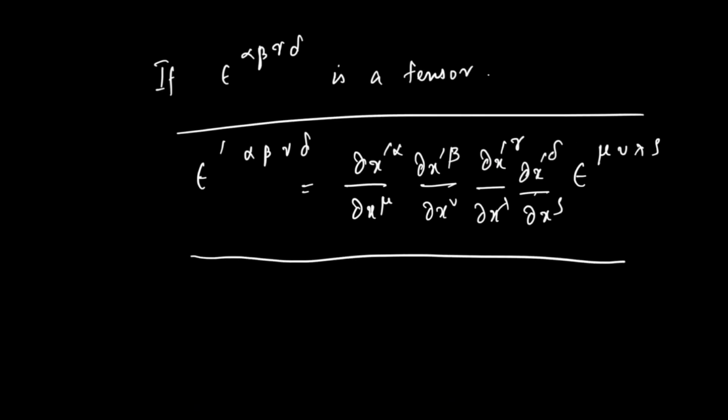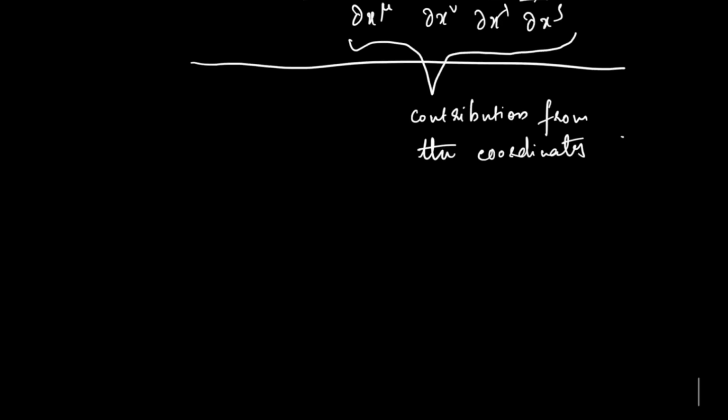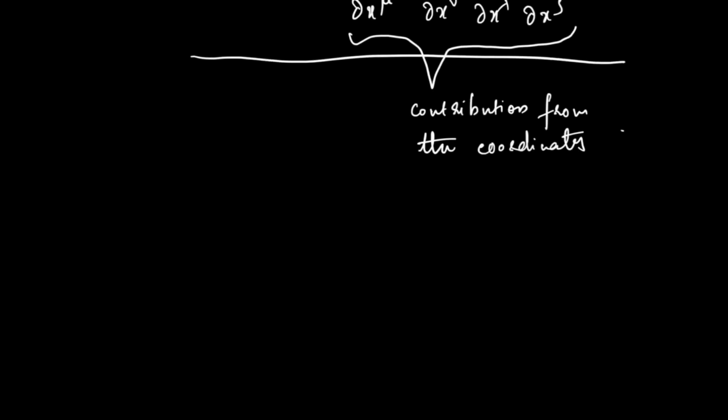For that, the contribution from the coordinates must get cancelled. So epsilon should not transform under a change of coordinate system. For that, I have to cancel all the contribution from the coordinates.